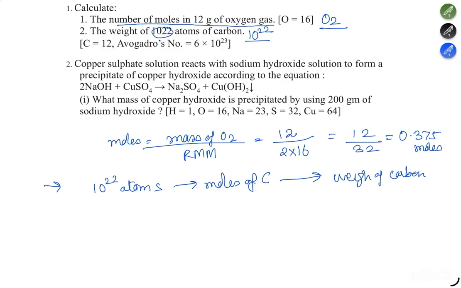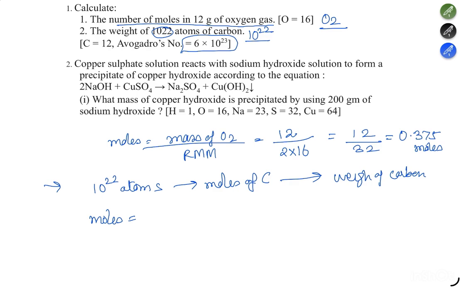So 10 raised to the power 22 atoms of carbon will be equal to how many moles? Moles will be equal to 10 raised to the power 22 upon 6.022 times 10 raised to the power 23. As they have given the Avogadro number here, we are not going to take this Avogadro number. This is also a very important point.